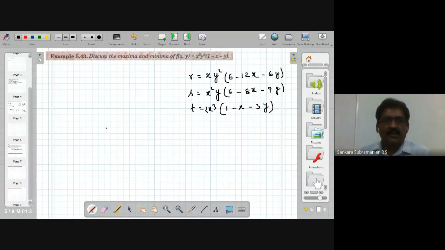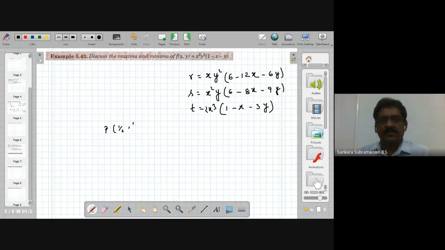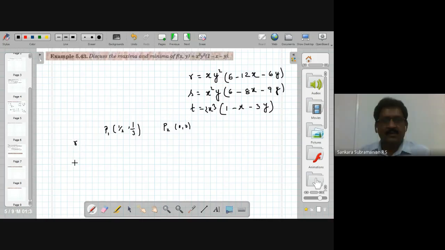What is the point given? 1 by 2, comma 1 by 3, and this can be taken as P1 and P2 is 0,0.